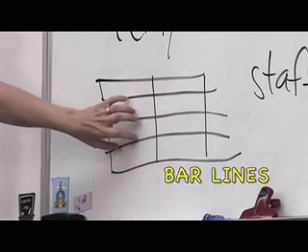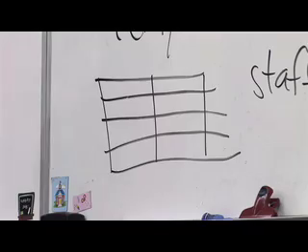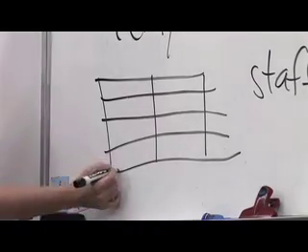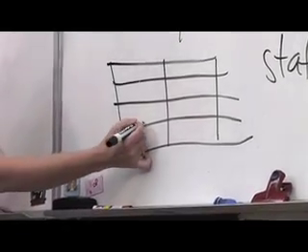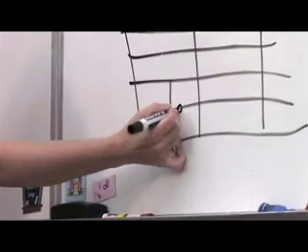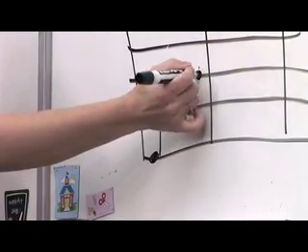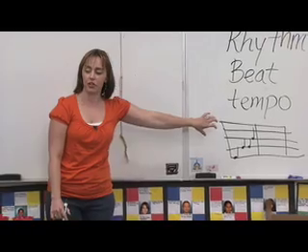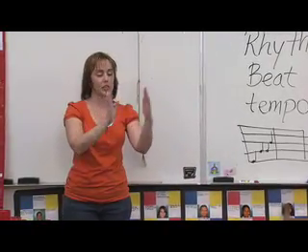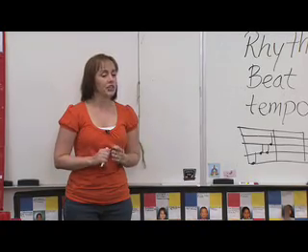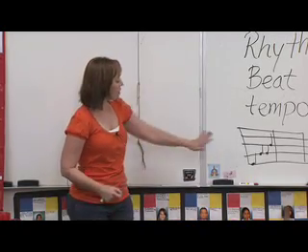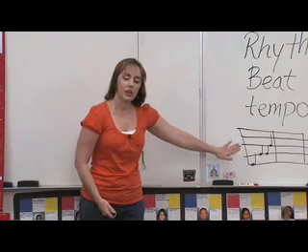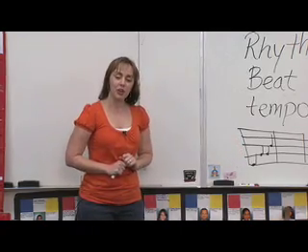Everything in the center here, if I were to put some notes in there, is called a measure. It's just the way that we split the music up so that as a musician, you are able to look at just one piece. Does that sort of make sense to you guys?